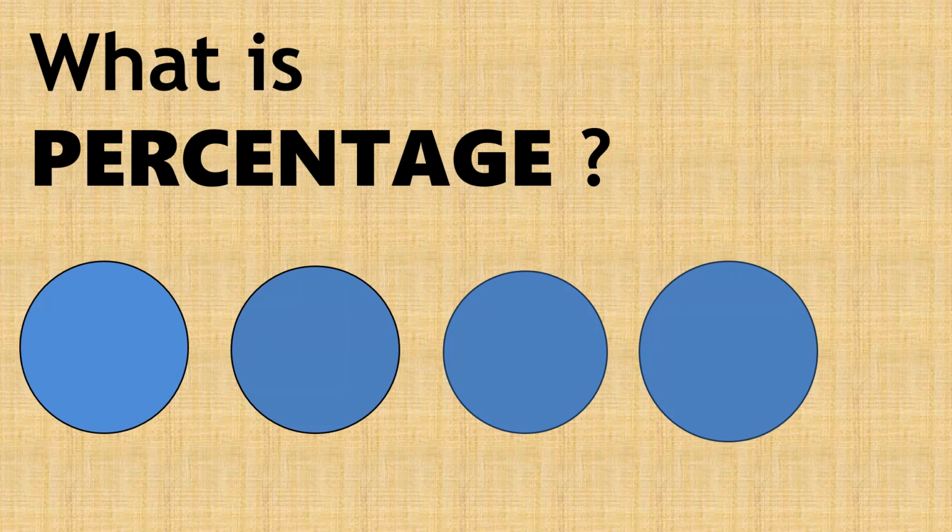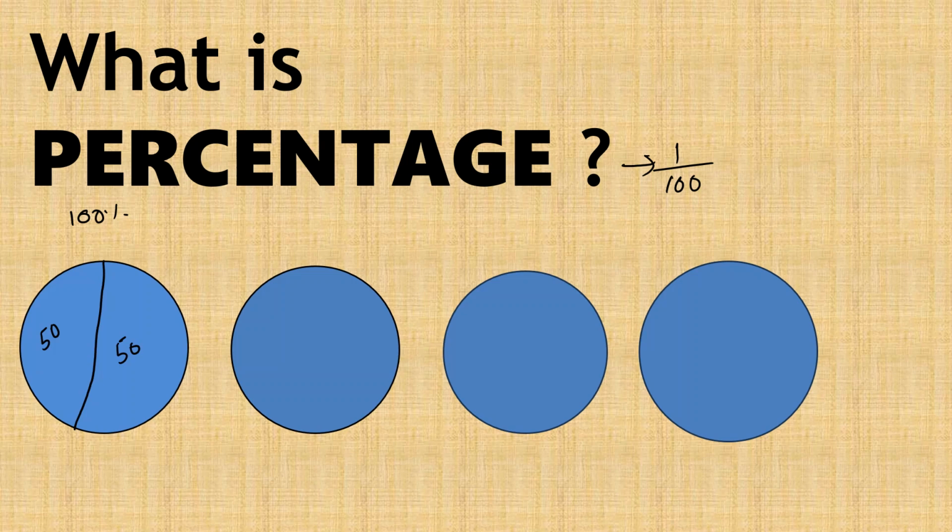What is percentage? You just need to remember one thing in the whole chapter, that is percentage is equals to 1 by 100. Let's assume it as a biscuit. It is 100% of itself, and if you divide it into two parts, it becomes 50-50 into two parts.